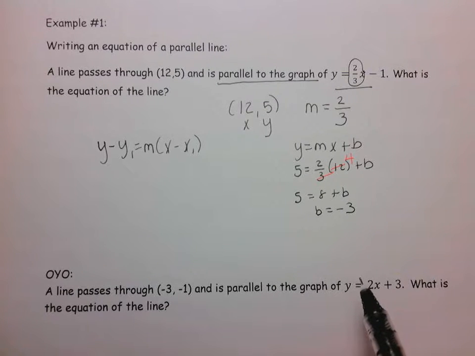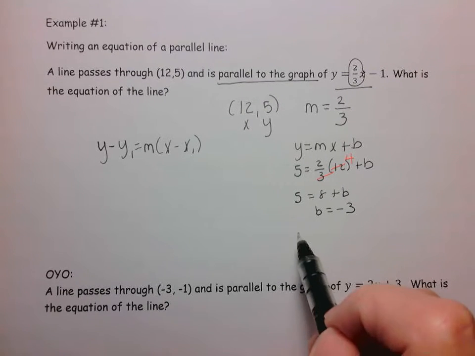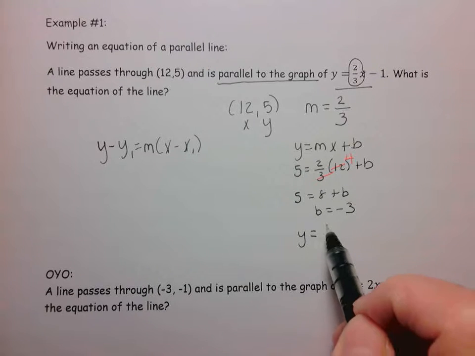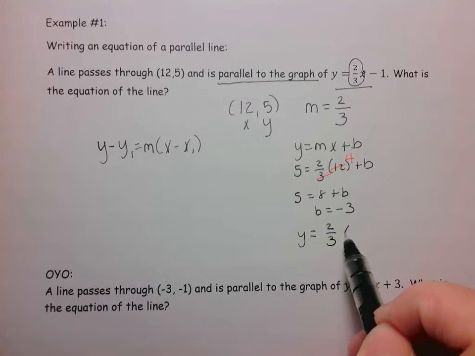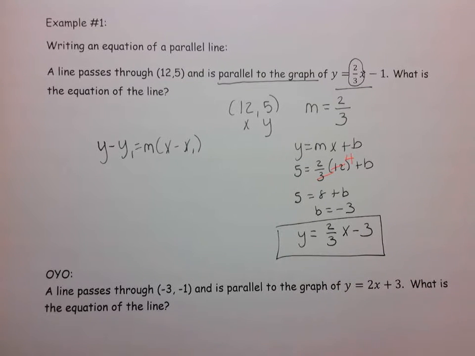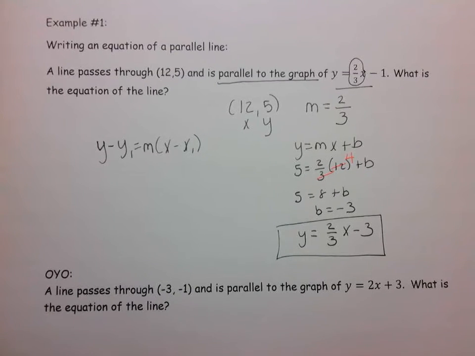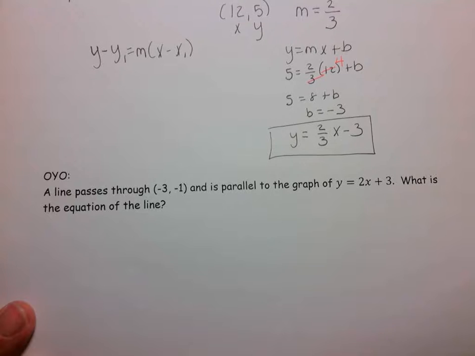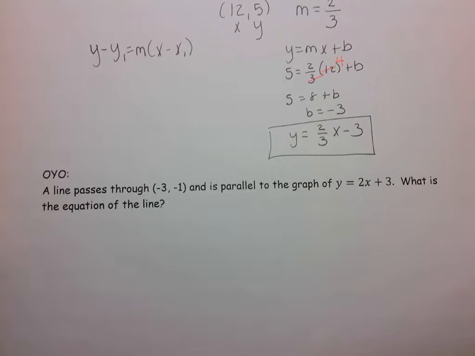Now I know b, now I know the slope. And so I can create the equation of the line. Okay, so go ahead and hit pause and solve this one on your own.